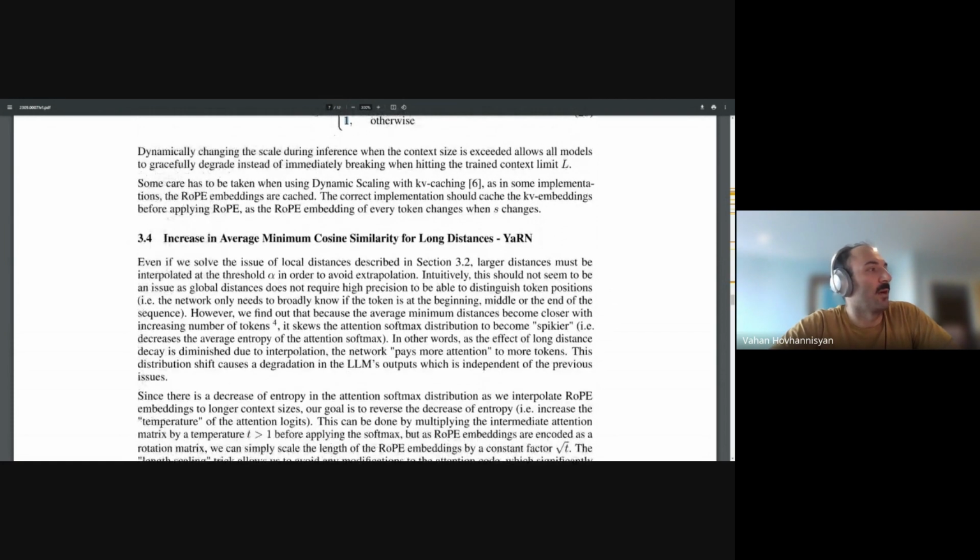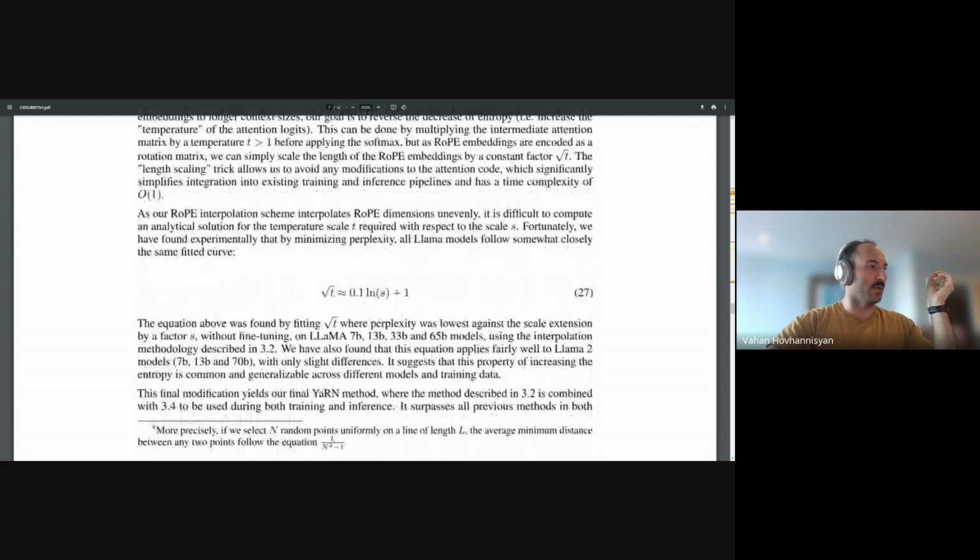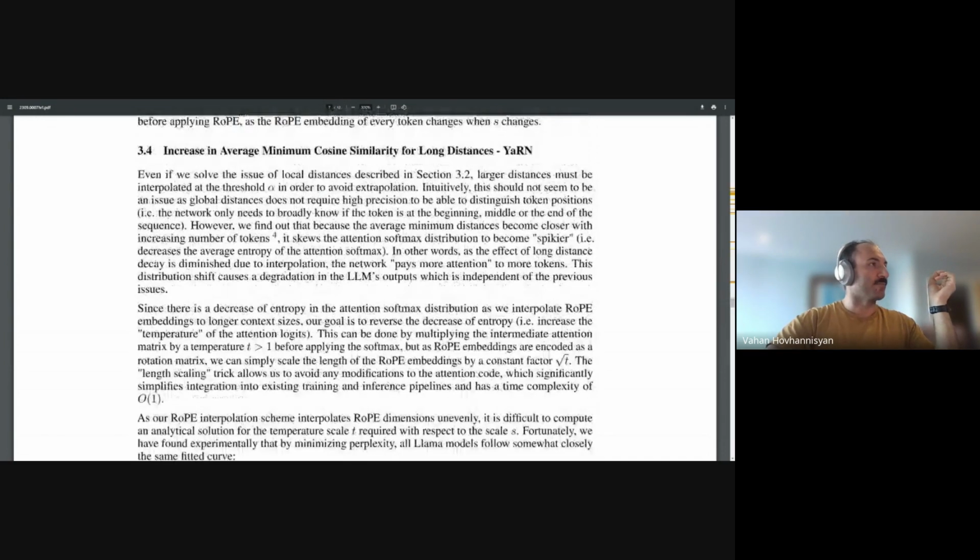Again, we come back to this problem of increasing average minimum cosine similarity for long distances. Again, a related problem, but now if you have long distances, what happens is, let me scroll down, that because the average minimum distance becomes closer with increasing number of tokens, it skews the attention softmax distribution to spike here, right?